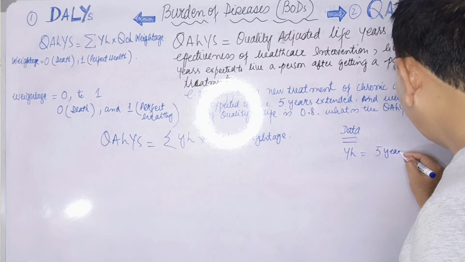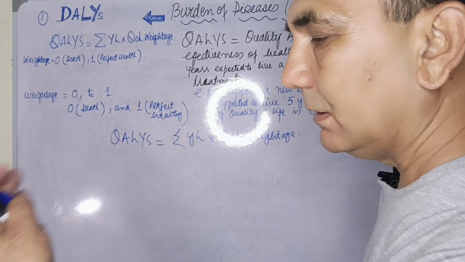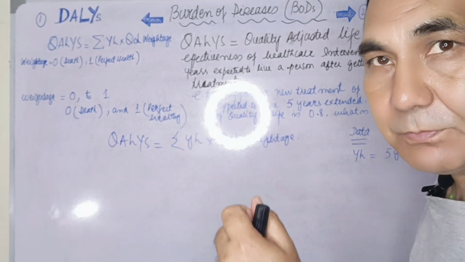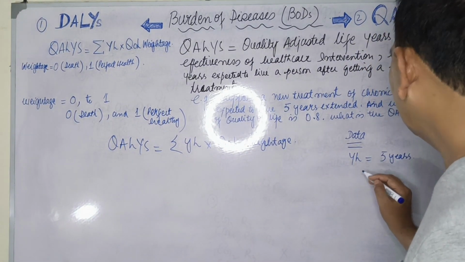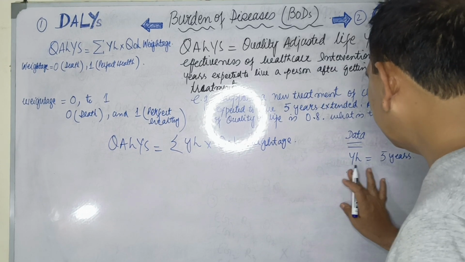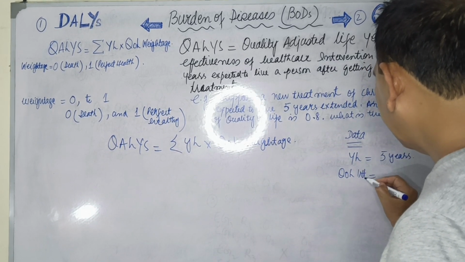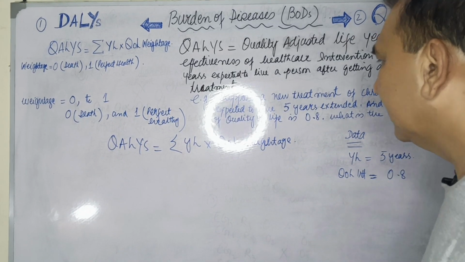The 5 years is the expected life that the person will live after getting that particular new treatment. Now, what is the weightage for the quality of life? The weightage for this chronic disease is 0.8.